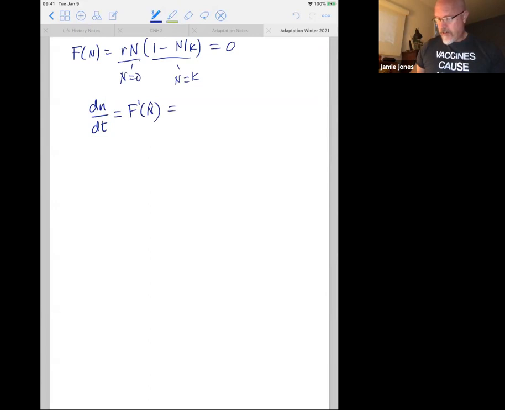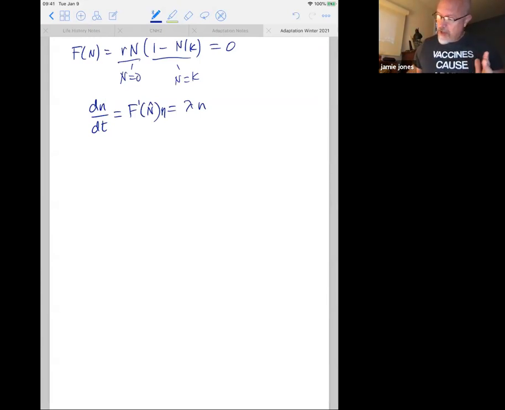And for simplicity, because it's easier to say lambda than it is to say f prime of n hat, it is equal to lambda n, okay? And that comes from the Taylor series, because when in doubt, Taylor series it out. And if lambda is greater than 0, then the perturbations grow. If lambda is less than 0, then the perturbations decay back to the equilibrium, and you have a stable equilibrium.